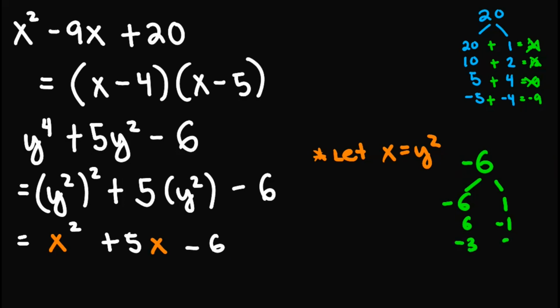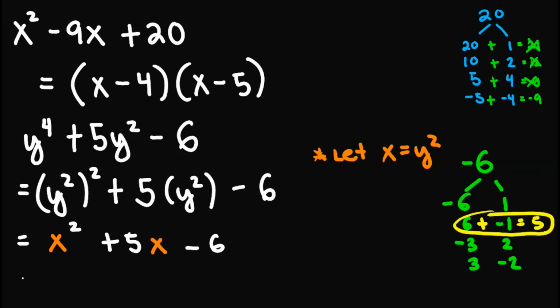Negative 3 times 2, or 3 times negative 2. And from here, we inspect which one that when we add up will result to 5. Clearly, it is this one, since 6 plus negative 1 will result to 5. So we take this one.